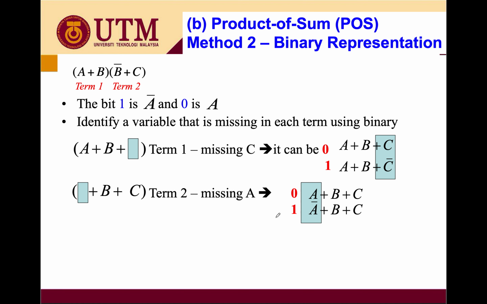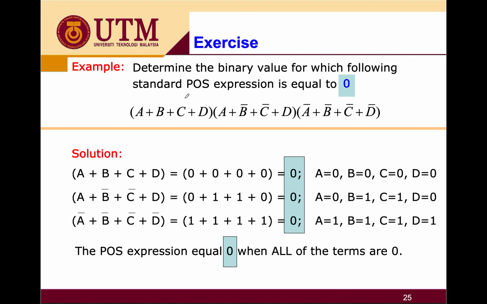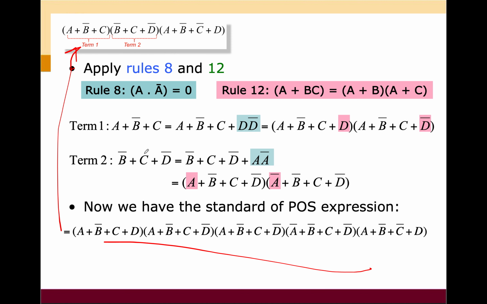So still under POS, you know basically A bar is 1, and A is 0. So you just need to fill in the value. Okay, because this is POS, you're going to get the sum of 0.